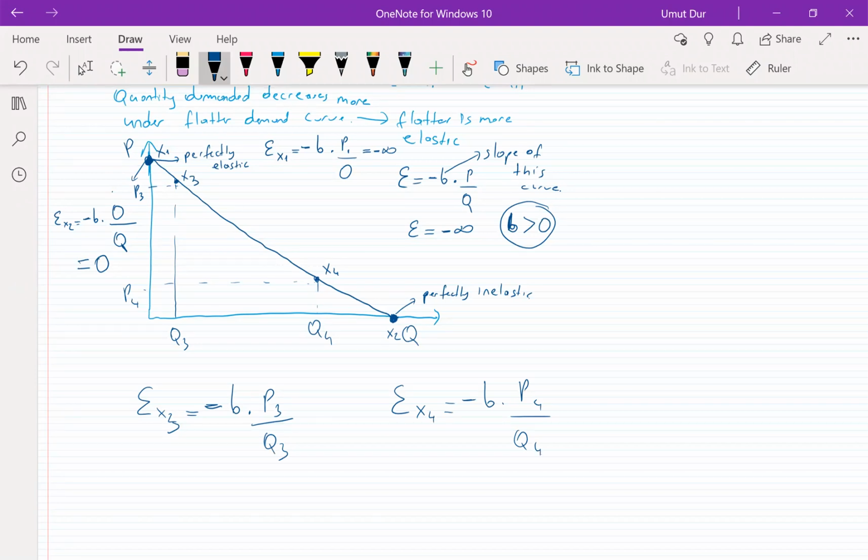Minus b stays the same for any point on the demand curve.